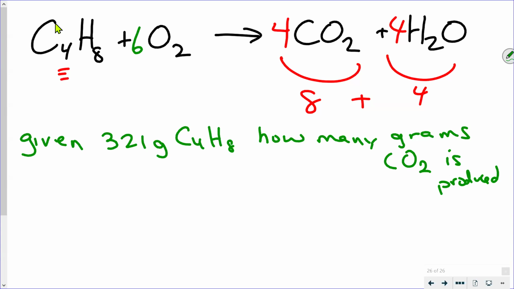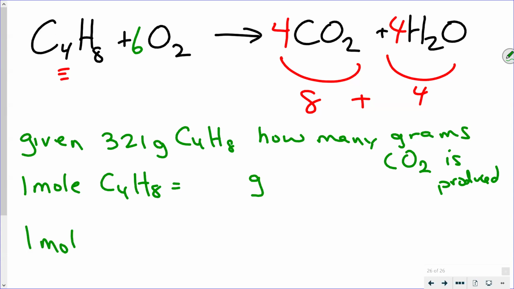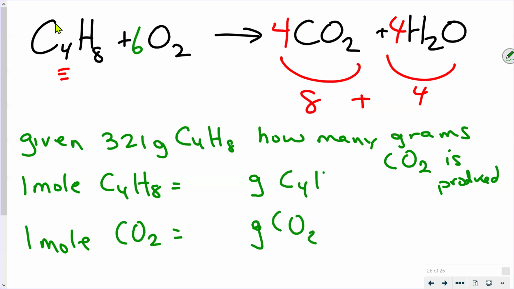How would you set up the units for dissociation? Right. So I know 1 mole of C4H8 equals a certain number of grams. I know 1 mole of CO2 equals a certain number of grams. So I could do those calculations, right?